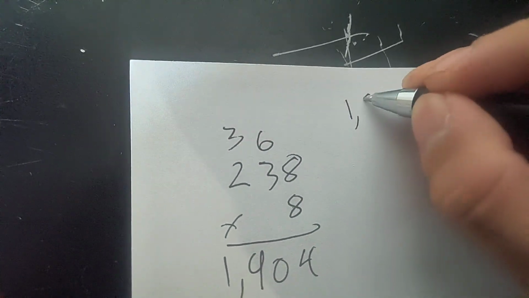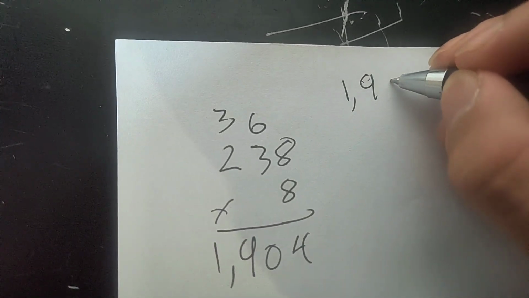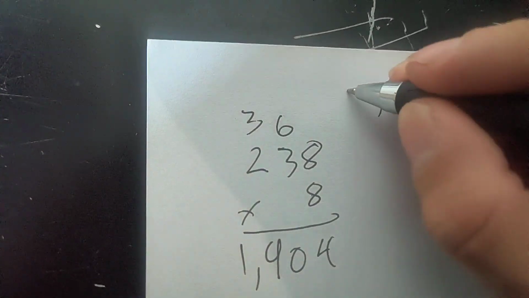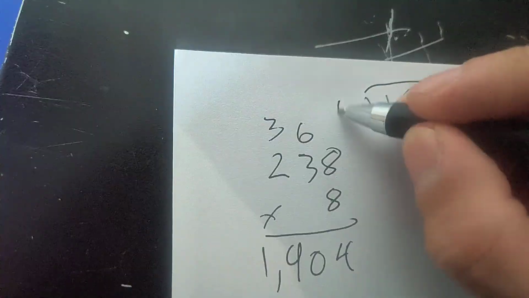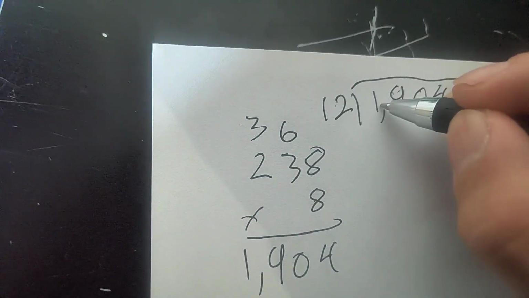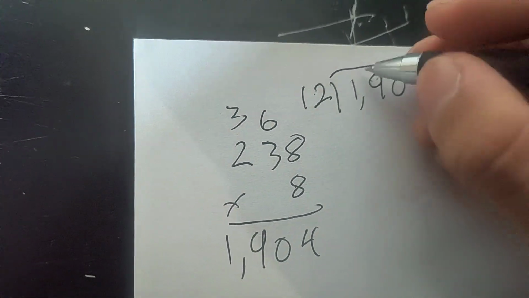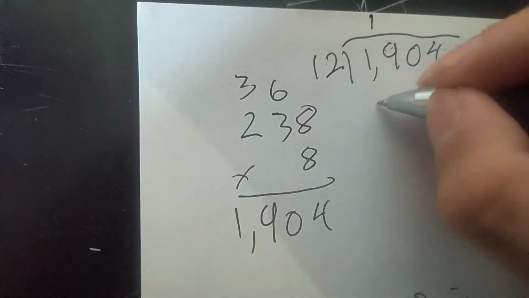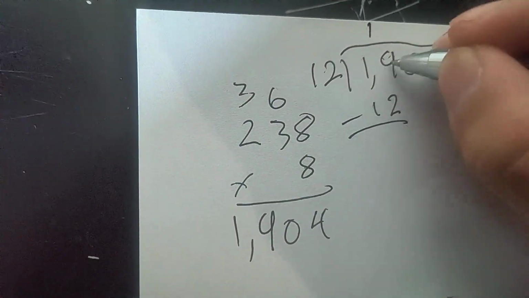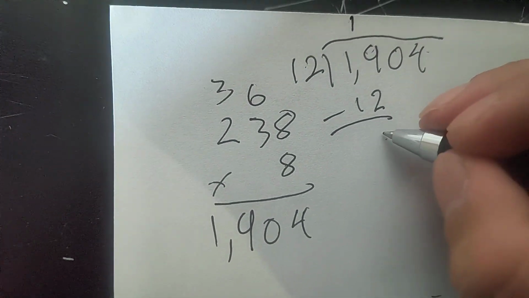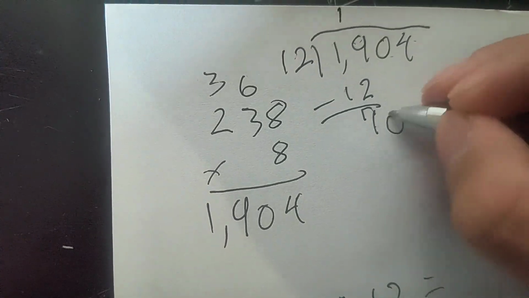1,904 divided by 12. 12 can go into 19 once. That would just be 12. 19 minus 12 is 7. Drop the 0.